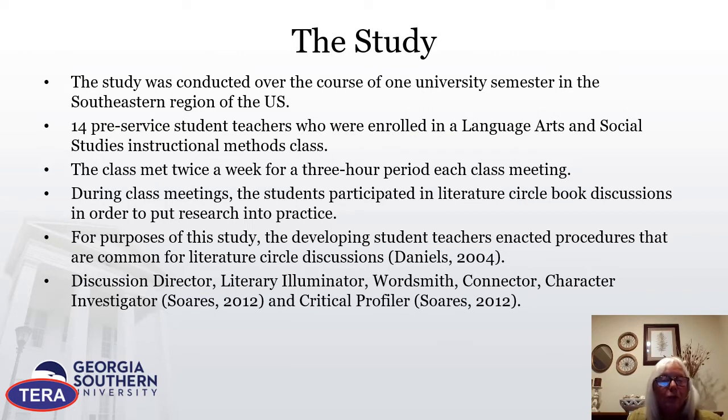However, 2 different roles, for those of you who are familiar with literature circles, were developed because I developed a matrix and found that the typical roles that are used in literature circle or book discussions by Daniels did not delve really into critical literacy, and so I developed the character investigator and the character profiler, in addition to using the director, the literary illuminator, the wordsmith, the connector. Those were the roles that the students took on during their literature circle discussions.